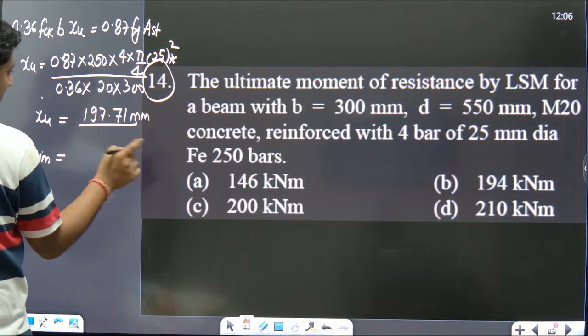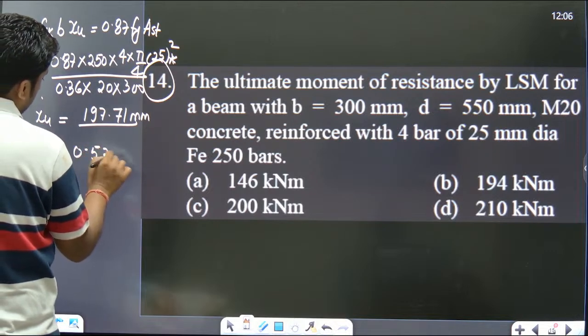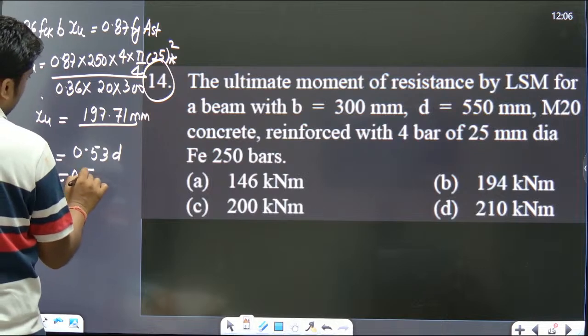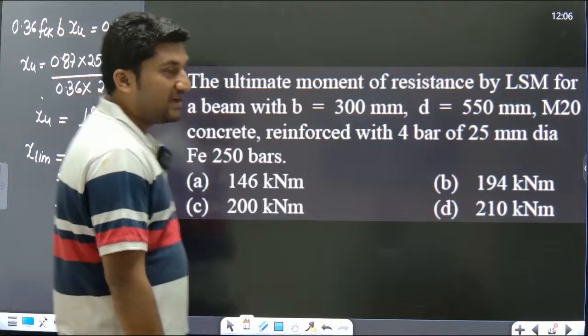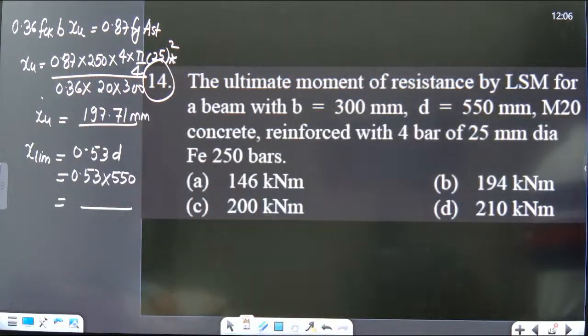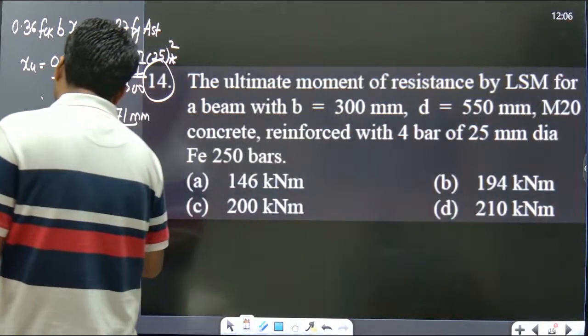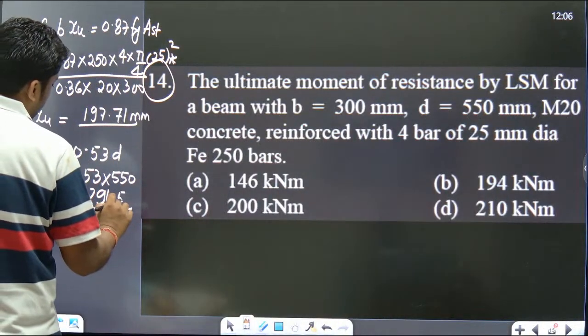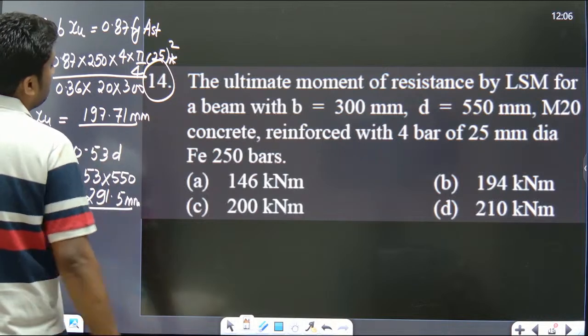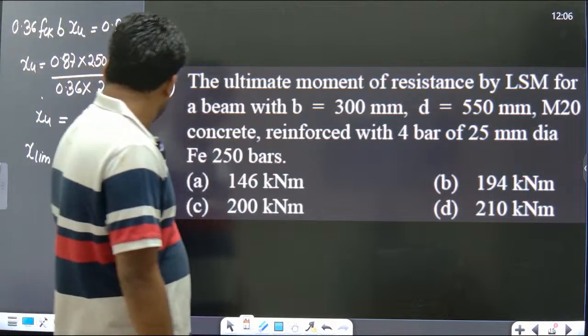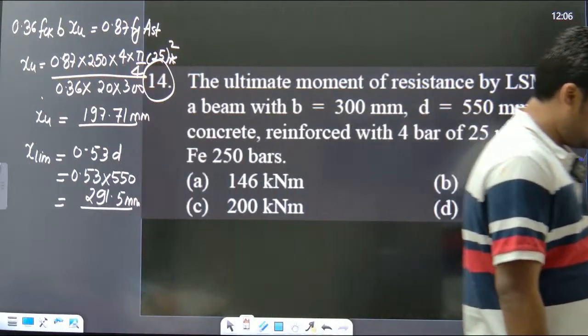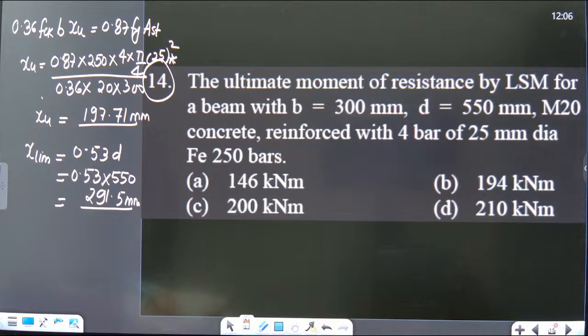The limiting value for Fe250 is 0.53d. So 0.53 into the effective depth, which is 550, gives 291.5 mm. So the actual neutral axis is above this limiting 291.5 mm. Yes or no? So the section is under reinforced.